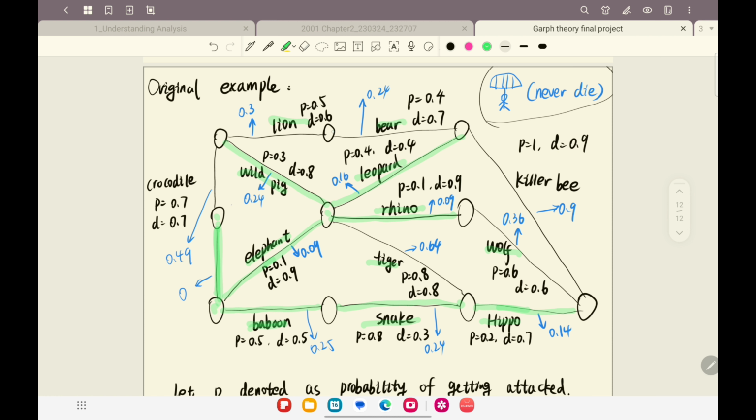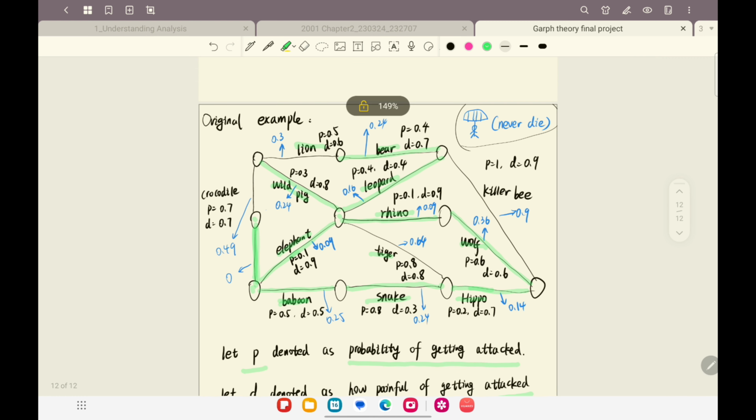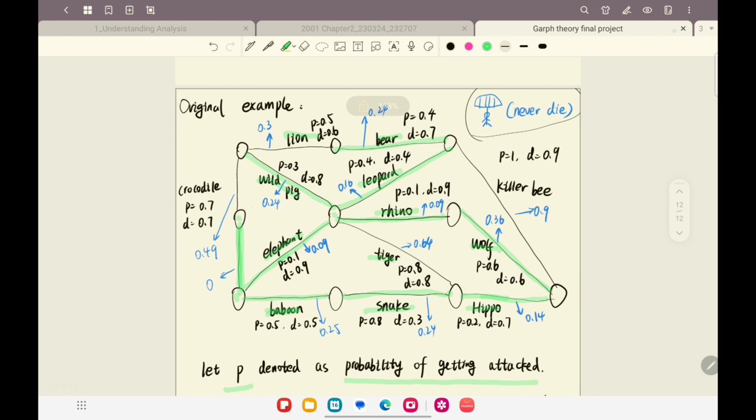We also have a 0.24 here. And 0.3, but it will make a cycle, so we skip this. I think the next one is 0.36, right? And the next one, I think we finished. All the vertices are connected and contained, and there's no cycle, so we figured this out.